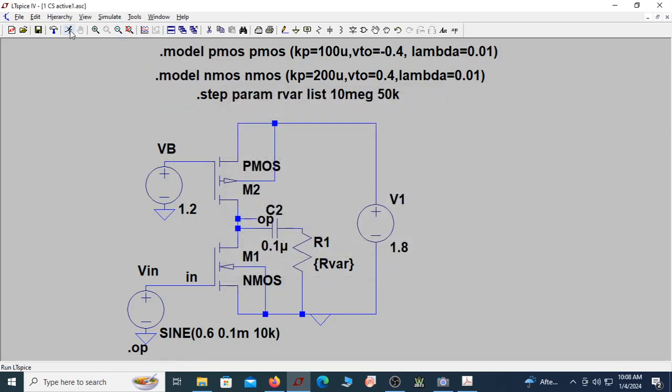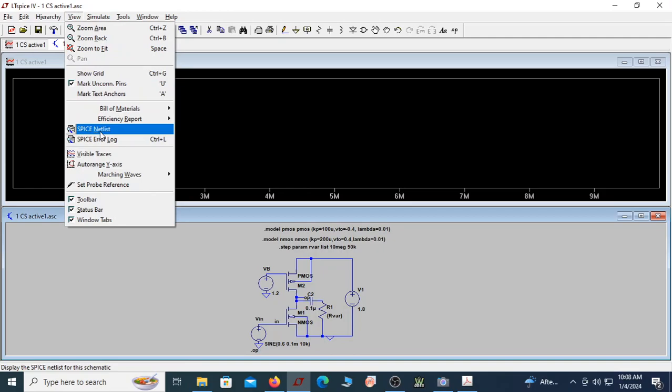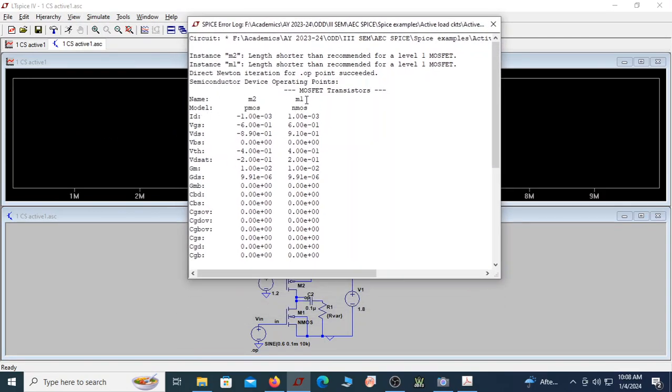If I run it now and go to this view, see here: the NMOS and PMOS currents are 1 milliampere. VGS of both of them is 0.6 and minus 0.6. VDS we expected to be 0.9, it's 0.91, fine. And the threshold voltage is minus 0.4, and VDS sat is fine.